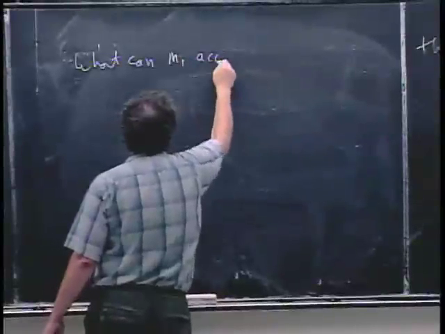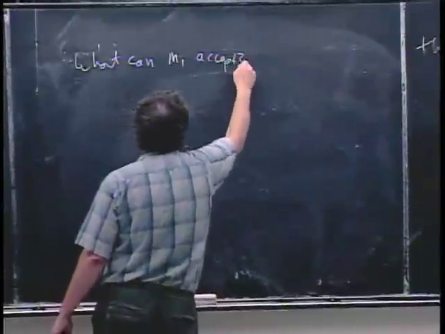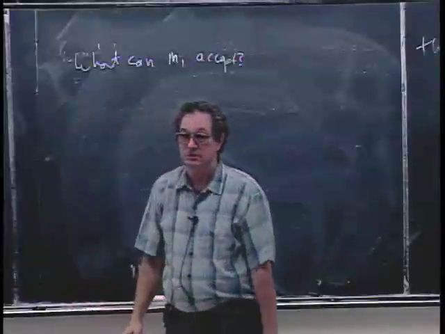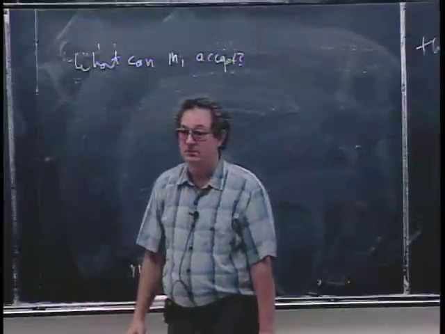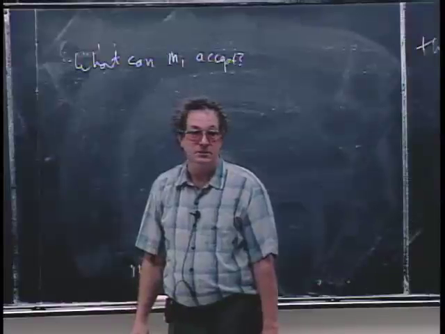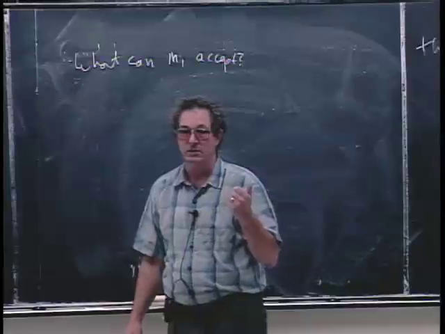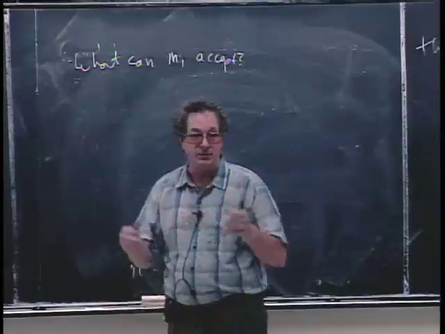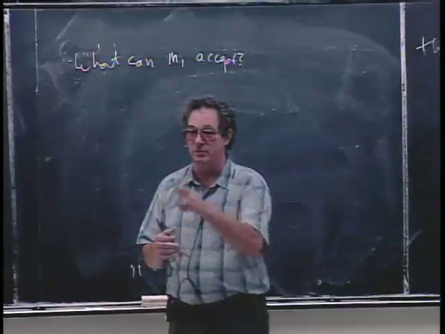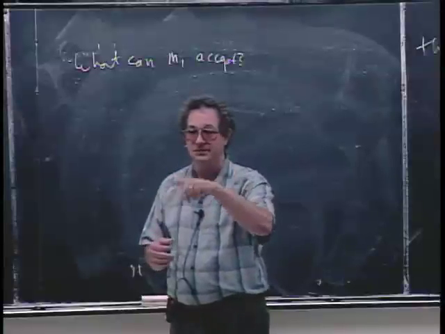Well, what does M1 accept? There are basically two possibilities. They're not just single strings anymore, but two types of languages that it can accept. What are they? The empty language?